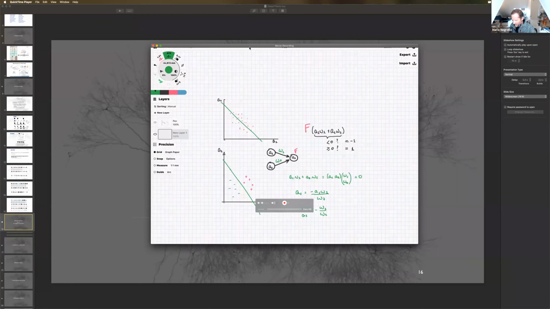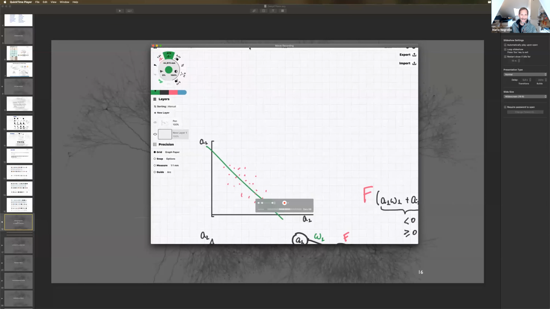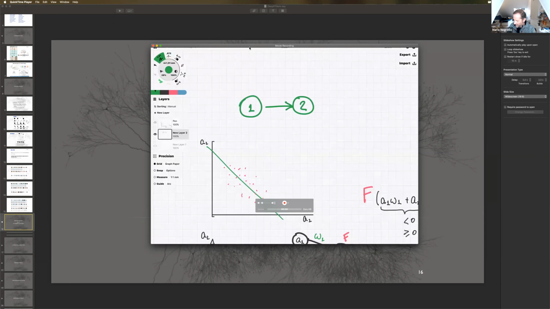So let's just think about how a neuron can create regression to begin with. A regression neuron is creating a prediction from a variable X. It's creating a variable Y. From neuron 1 to neuron 2, you can create a prediction via a certain weight, right?